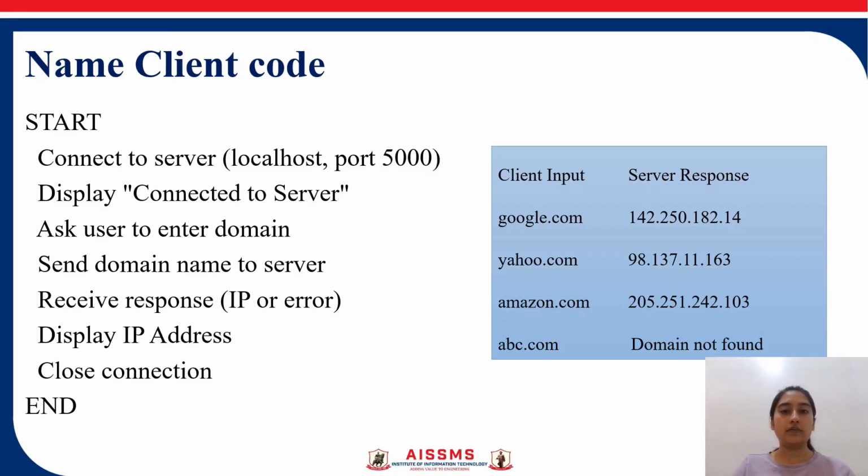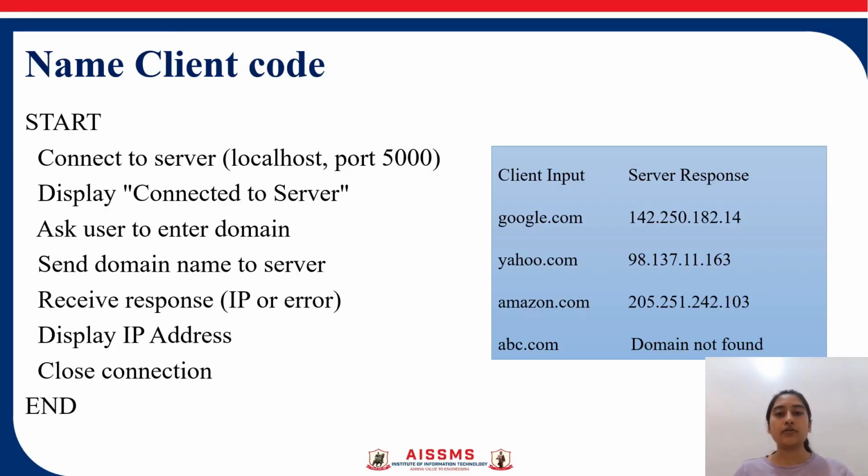The client then waits for the server's response. Once it receives the IP address or the error message, it displays it to the console. Finally, it closes the connection. This flow clearly shows the client and the server communication in real time, one sending the request and the other replying with the correct data.